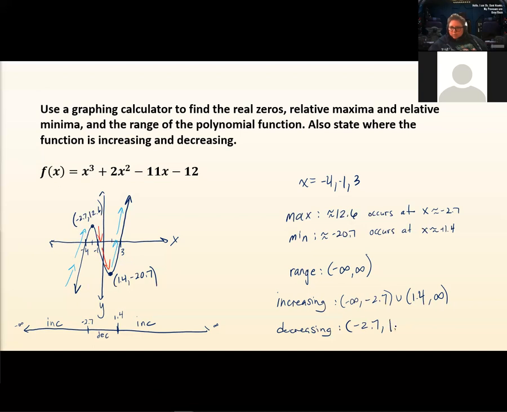Good job, 1.4. It allows you to see that from negative infinity to 2.7, and from 1.4 to infinity, it's increasing, and it's decreasing from negative 2.7 to 1.4.